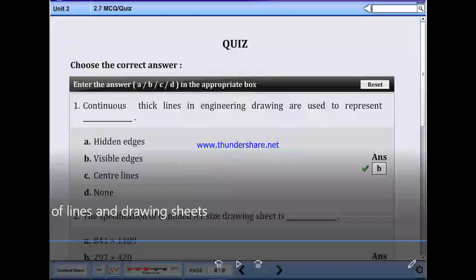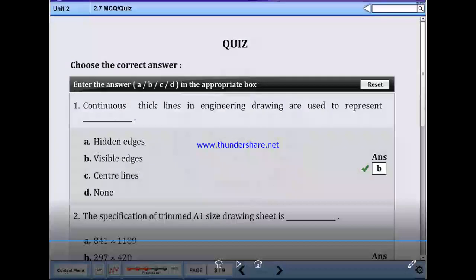Now, first question. The continuous thick lines in engineering drawing are used to represent visible edges, hidden, center lines, or none. So for this question the answer is visible edges. Continuous thick lines in engineering drawing are used to represent visible edges. Second question.